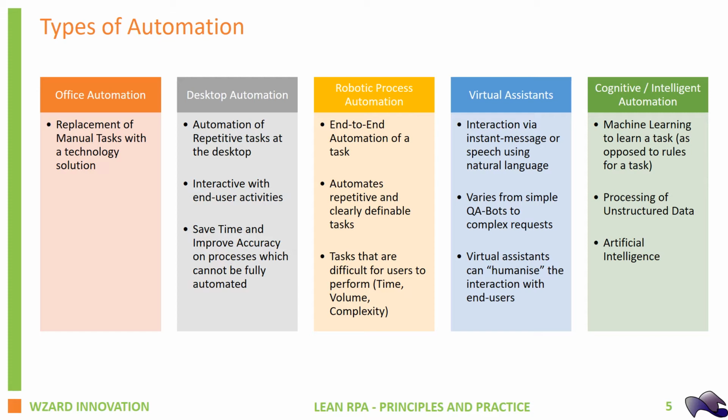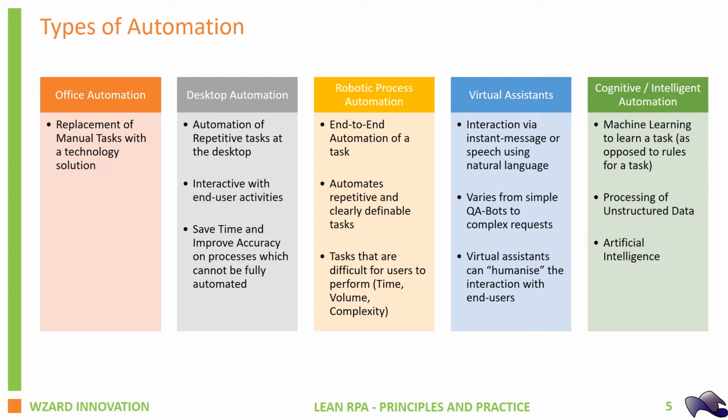So at the left, we've got office automation. Now, arguably office automation isn't a type of automation at all, but actually is really useful as a starting point when you're evaluating what are the options available within your organization. And then moving left to right, you then have desktop automation, which is sometimes also referred to as attended because there's someone involved. Robotic process automation, which is also sometimes referred to as unattended because there's no people necessarily involved.